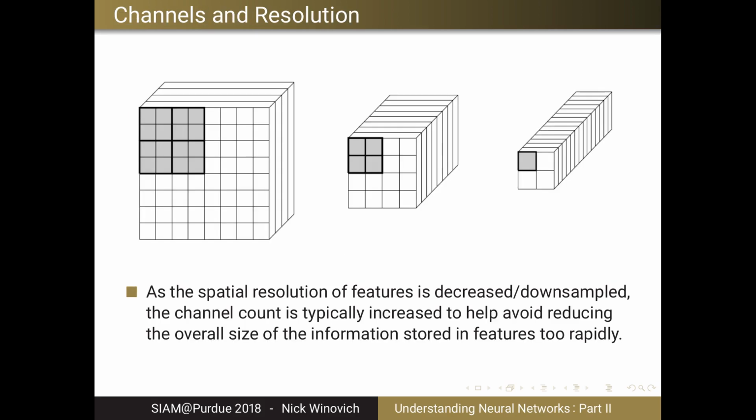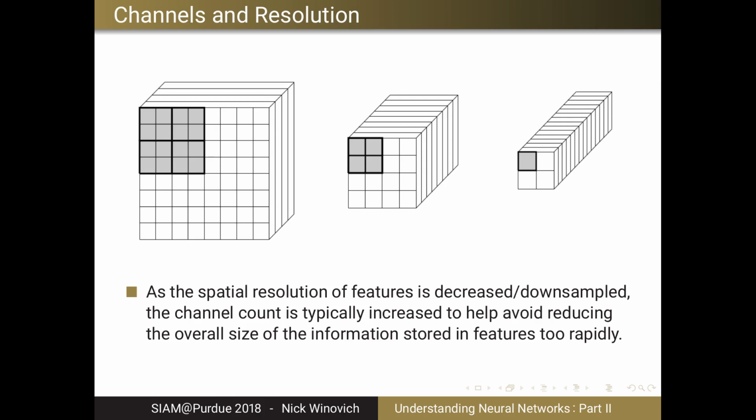And one more note is when we're working with data, we want to keep the data capacity or the size of our features relatively constant, or to increase it slowly or decrease it slowly. And as a rule of thumb, typically as we decrease our spatial resolution, so we're getting these smaller features, in order to keep the data capacity relatively constant, we want to expand the number of channels.